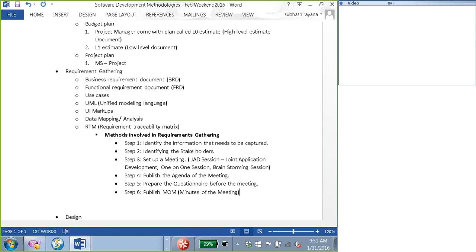Now, what is minutes of the meeting? Again, this is basically published. You can publish this in an email, or there are predefined meeting minute templates. Every organization has their own predefined templates.